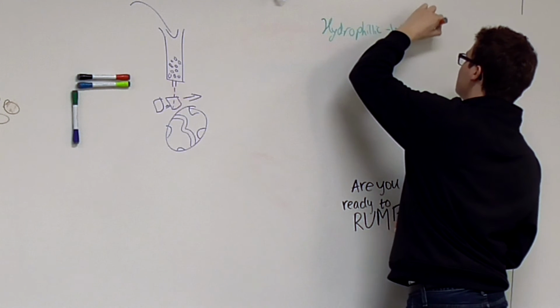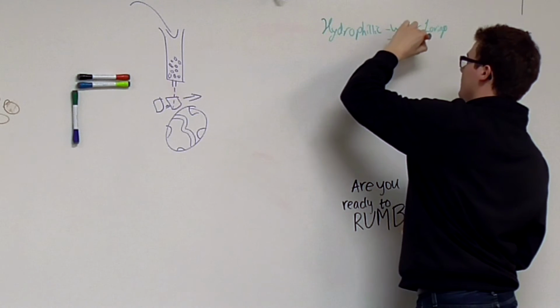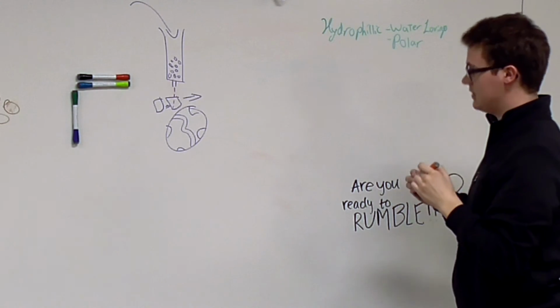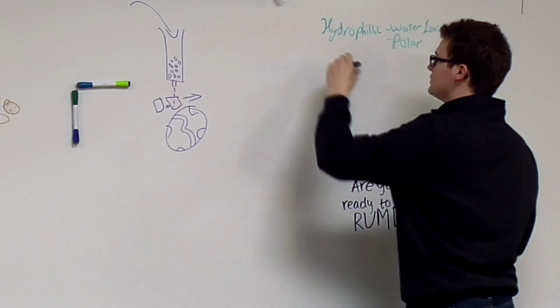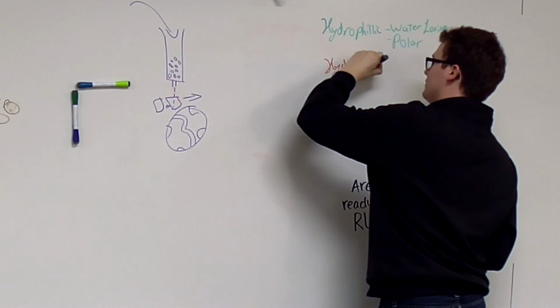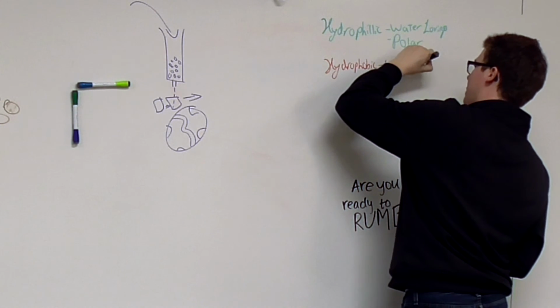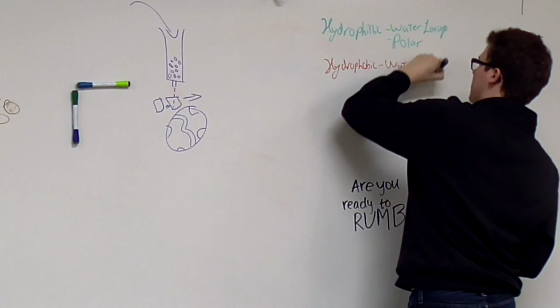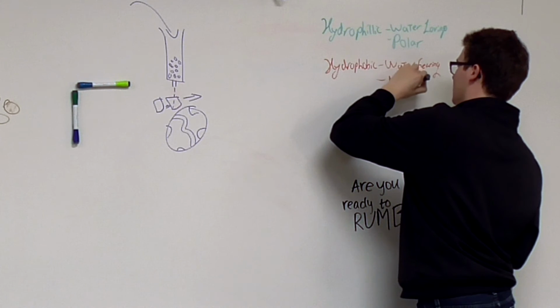Water loving, or in other words, polar. And then we have another one right here. Hydrophobic, this would mean almost the exact opposite, water fearing, or in other words, non-polar.